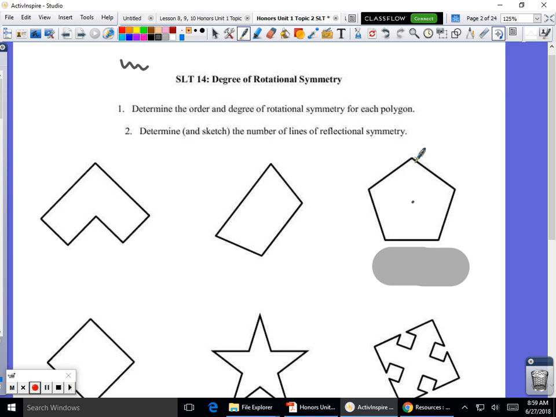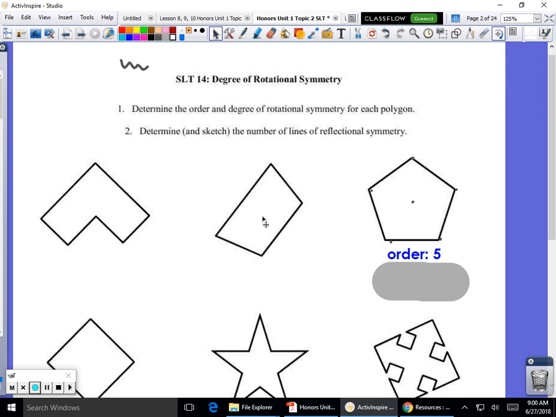So if I rotate this, I can rotate this vertex to this vertex and it would still be the same shape because this is a regular polygon. So I'm going to rotate it once, twice, 3 times, 4 times, 5 times. So the order we're going to say is 5 because I can rotate it 5 times and it will still match up with itself.